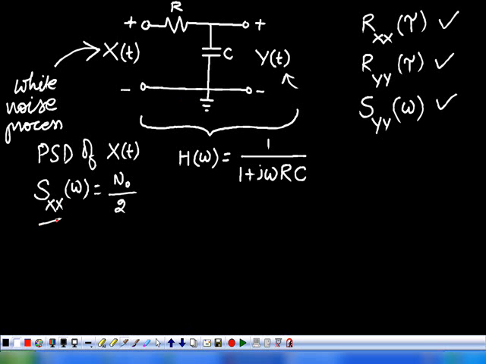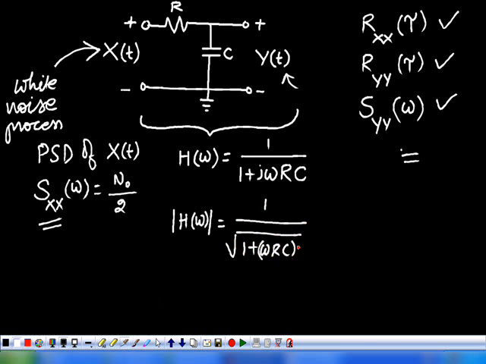So we know this H of omega. Can we find this? What is mod H of omega? It's 1 divided by under root 1 plus omega RC whole square. Is it correct?